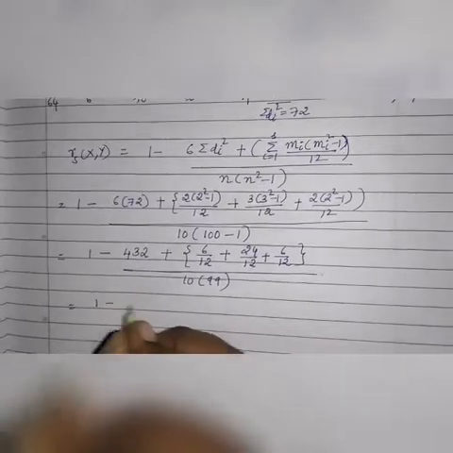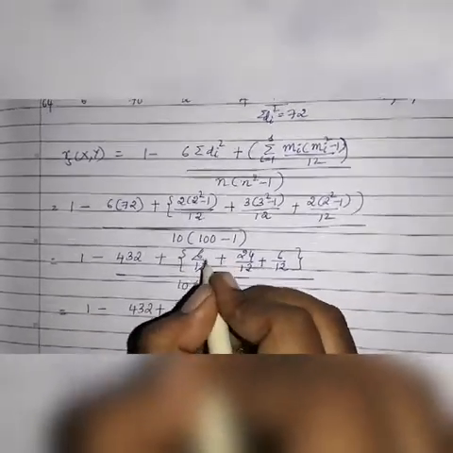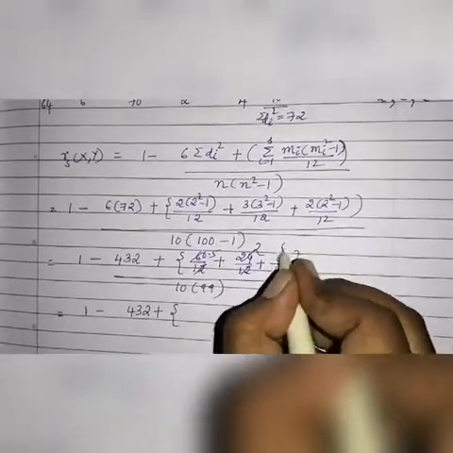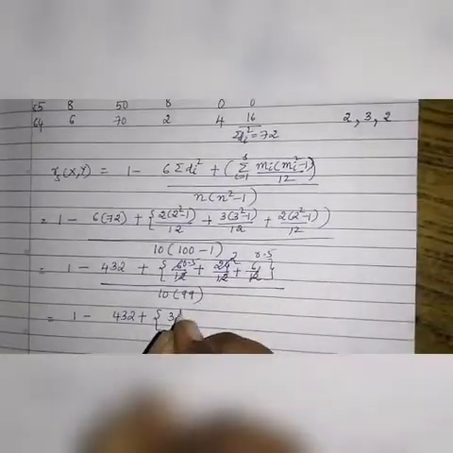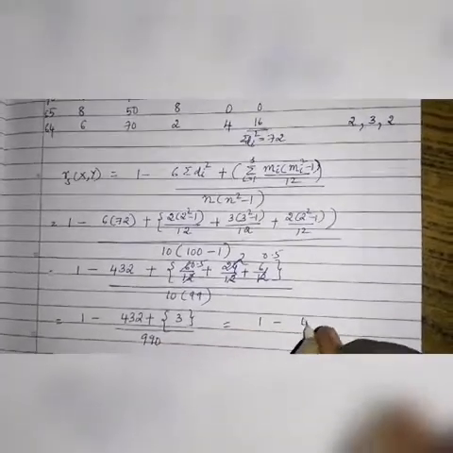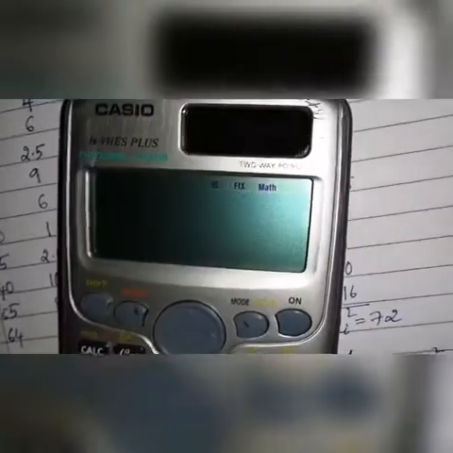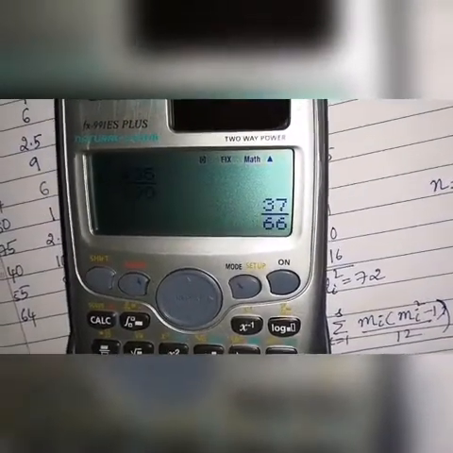So 1 minus 432 plus, this becomes 0.5, this becomes 2, this becomes 0.5. 0.5 plus 0.5 is 1, 1 plus 2 is 3, by 990, which is equal to 1 minus 435 by 990. Let us calculate this value. This is equal to 0.56.